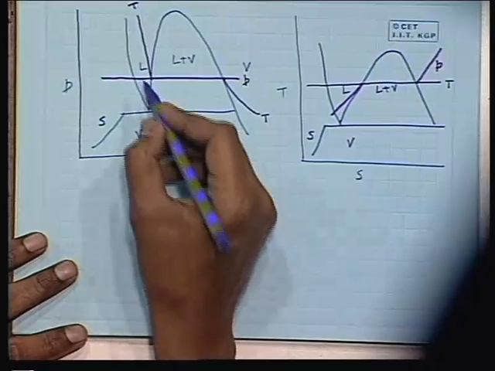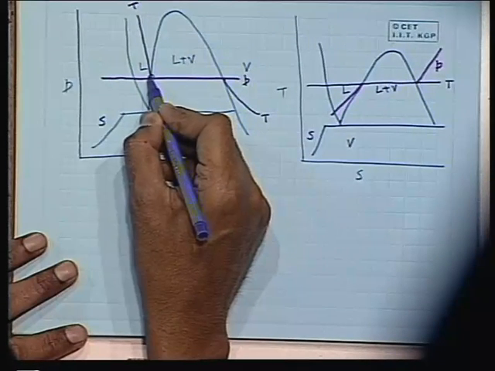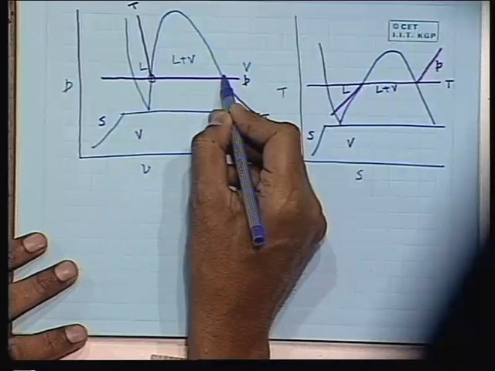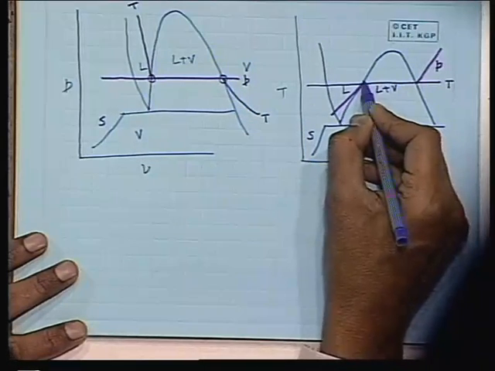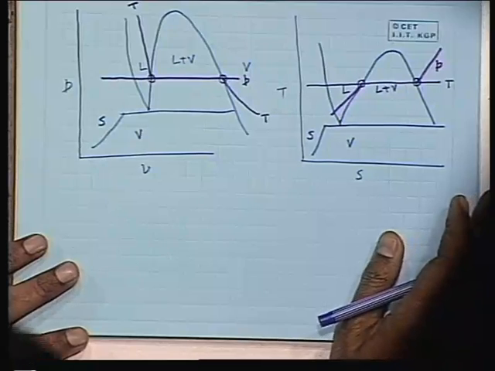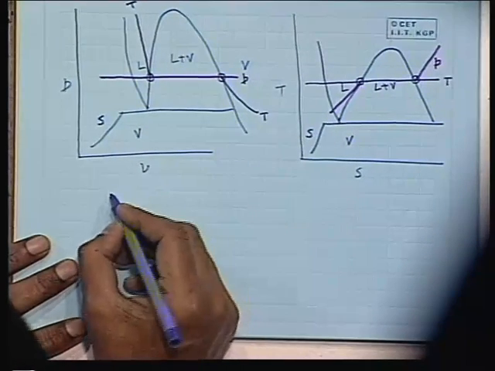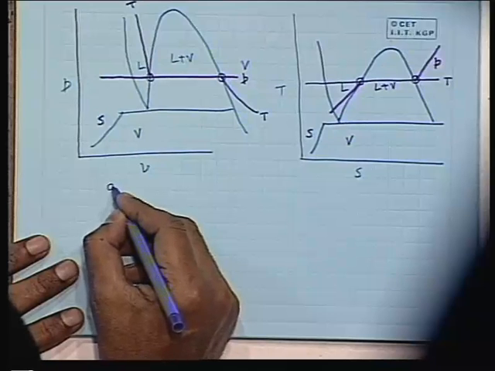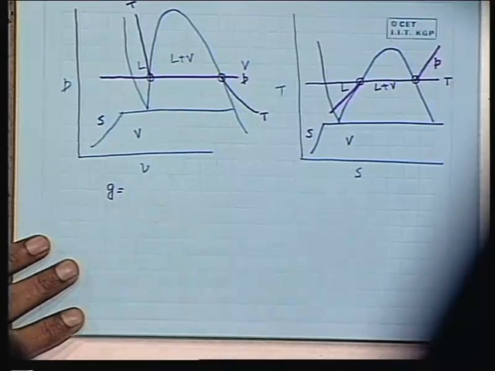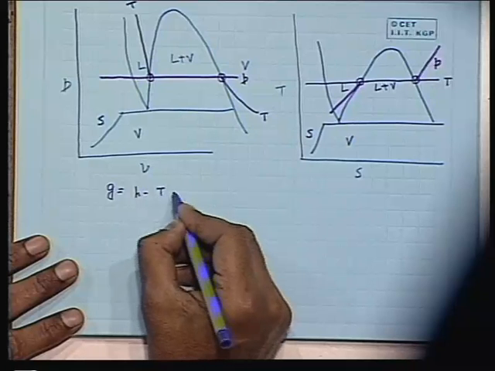Now let us recognize one thing: in this type of phase change, the specific volume changes as the change of phase takes place. The specific entropy changes. Similarly, the specific enthalpy changes, which is found in the HS diagram. But now if we define the specific Gibbs function, according to its definition, g is equal to h minus Ts.